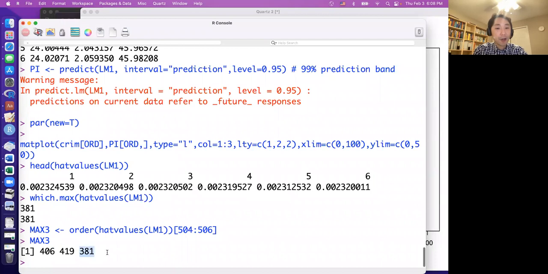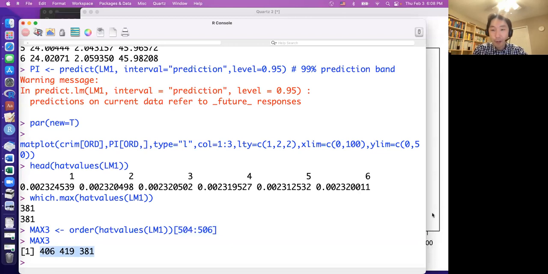So the 381st observation has the largest hat value, the 419th observation has the second largest hat value, and the 406th observation has the third largest hat value. So we check the order, and we check the last 3 ones, just the 3 largest.